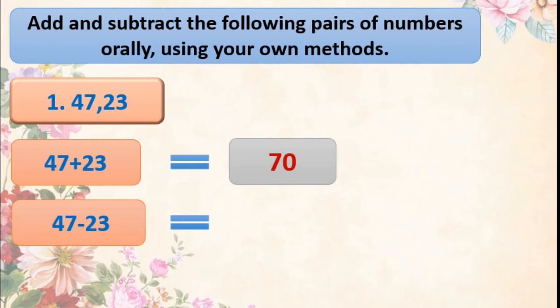And in the minus, 47, I will minus 2. 47, 37, 27. And again I will minus 3 from 27, that is 24 remained.